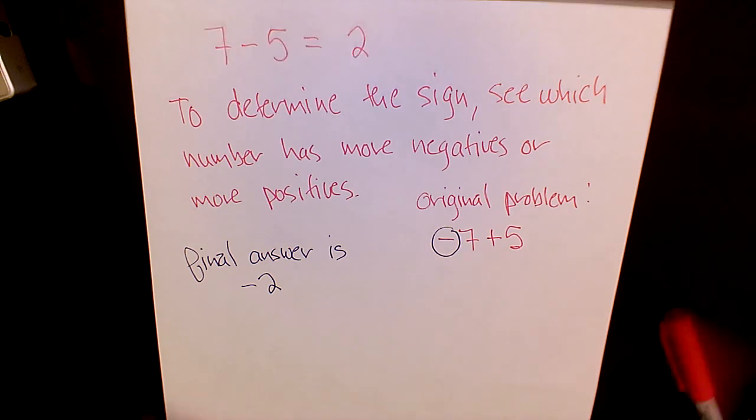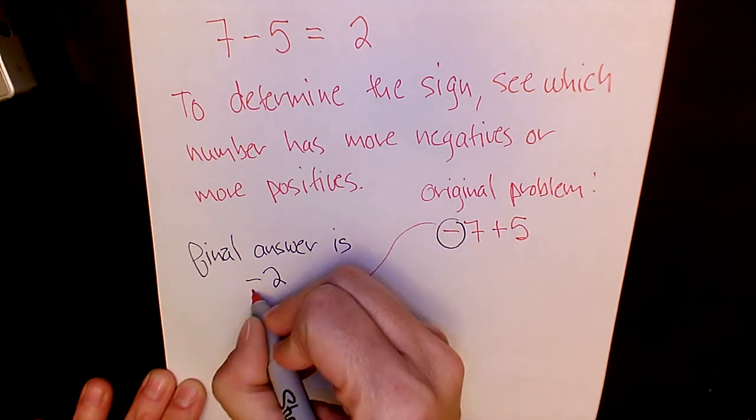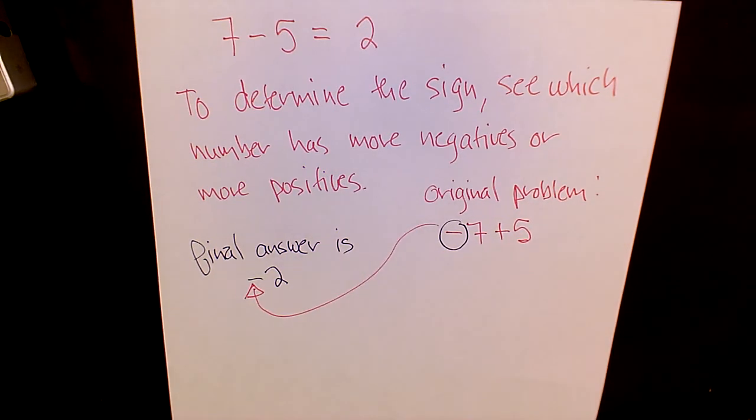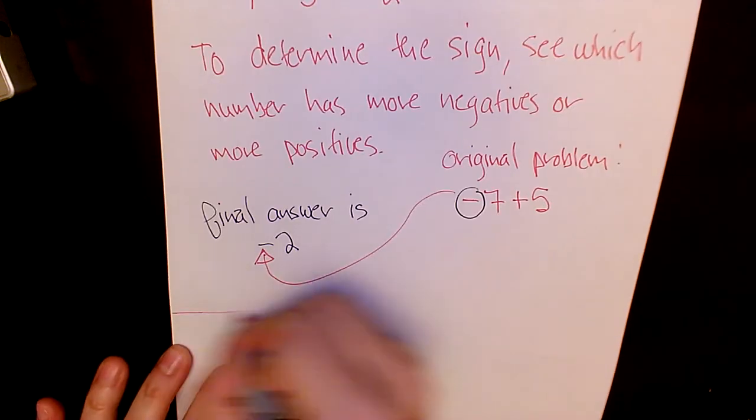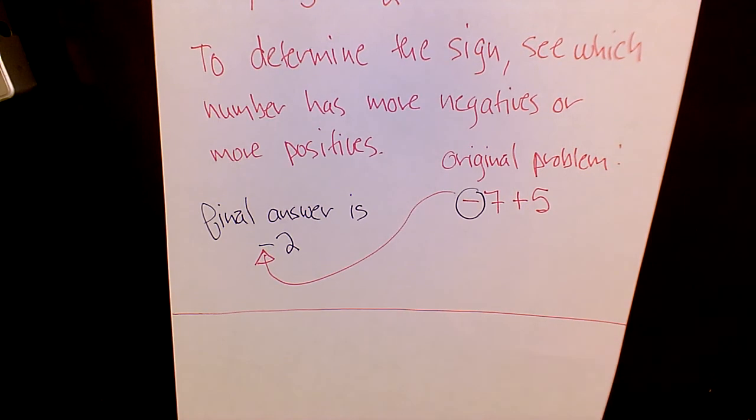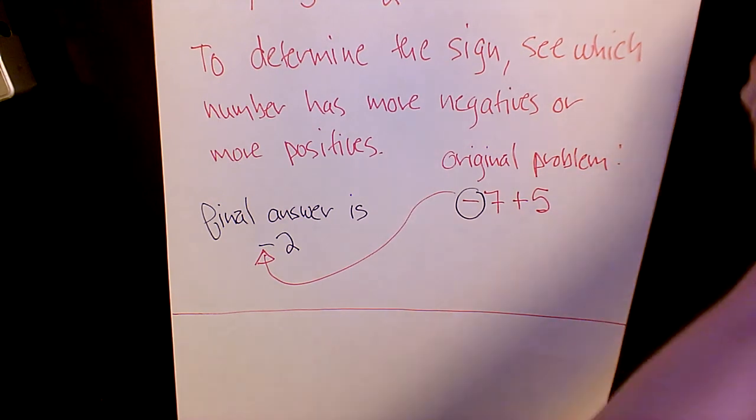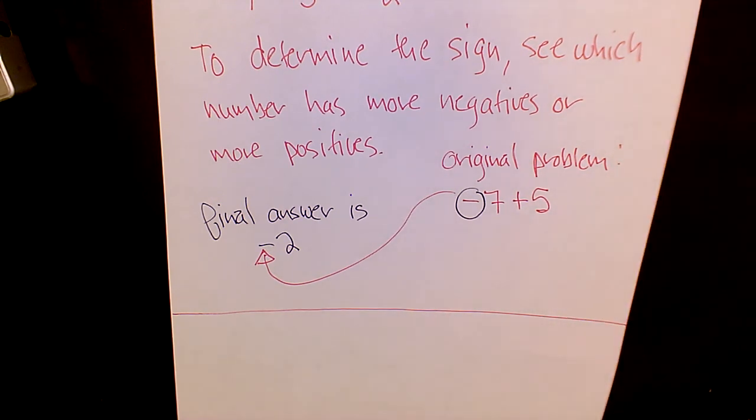So we put the negative in front of the 2 because there's more negatives, so the final answer is -2. So you can do it either way. You can draw them, or you can do the subtraction, however you want to do it.